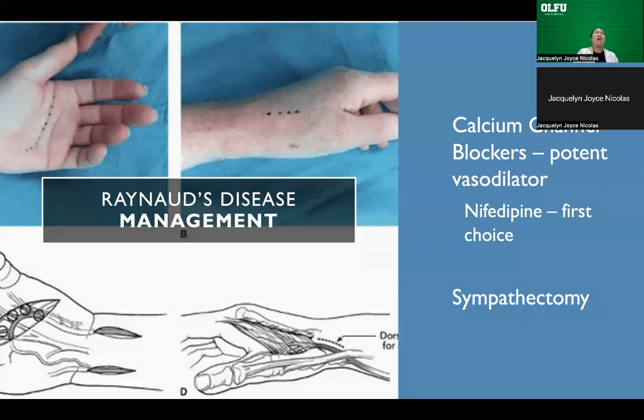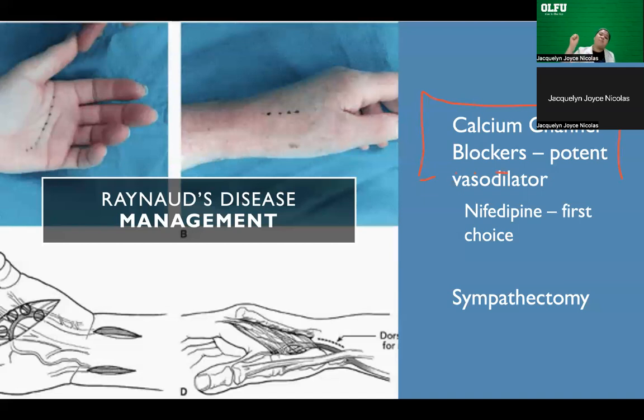First, syempre, ang problem lang dito is vasoconstriction. So if the problem is vasoconstriction, by principle of maintaining homeostasis, kapag nag-constrict, dapat gawin natin, i-dilate natin. So that's why we can give calcium channel blockers because these calcium channel blockers will actually cause vasodilation.